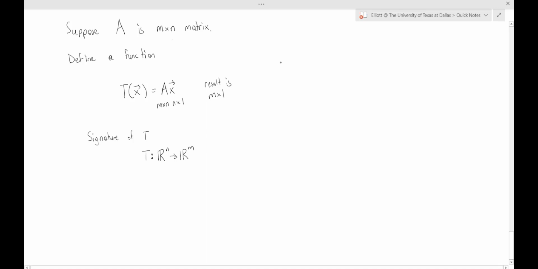All right, let's just look at an example. Let's say I have a 2 by 3 matrix. All right, so with this matrix, I should be able to define a function with signature R3 to R2.